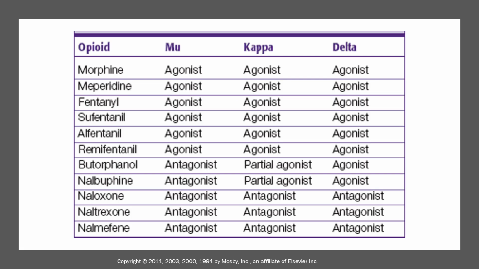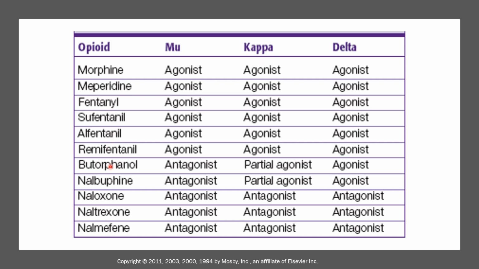This diagram shows the different opioid drugs, their MOA, and their properties on these different receptors. We are only going to focus more on the mu and the kappa receptor. In the case of morphine, meperidine, fentanyl, and these drugs, they are full agonists, because they have agonist properties at the mu and the kappa receptor.